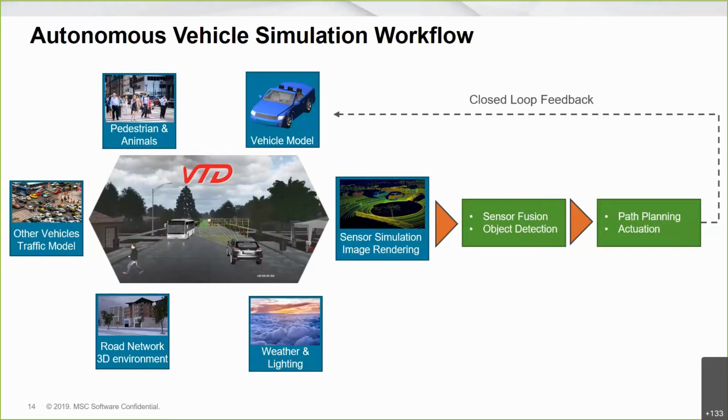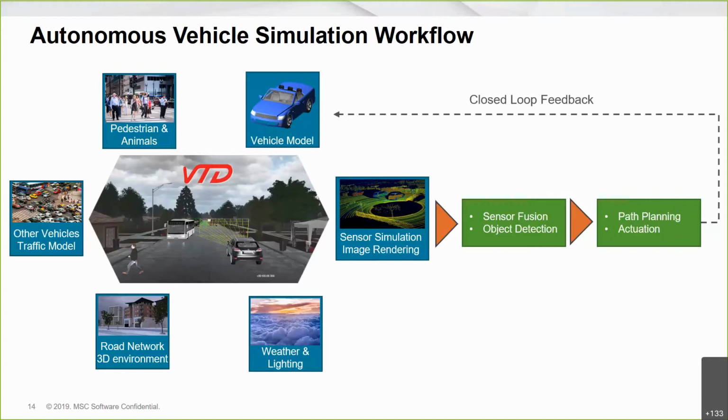Based on those, it will be provided to the actual control algorithms or AI driver, which will decide what the path going forward is going to be. For example, how to get over an obstacle, or if there's a pedestrian walking in front of you, how to react to that. So based on the perception that the engineers or the computer is getting, the AI algorithm or the actual controller will decide the path planning.